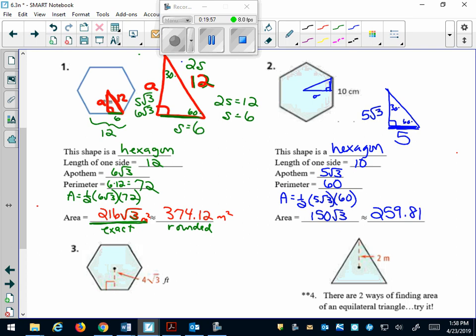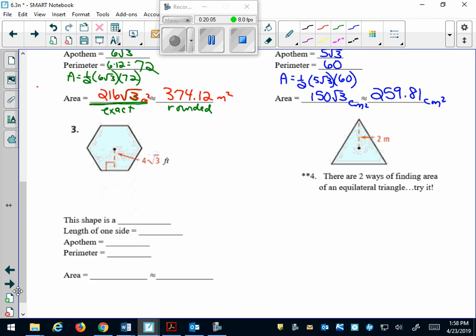And this was centimeters, so square centimeters. Okay, number 3, I'm going to let you do on your own, but they are pointing to the apothem is 4 root 3. Again, it's a hexagon, same relationship, 30, 60, 90 triangle.